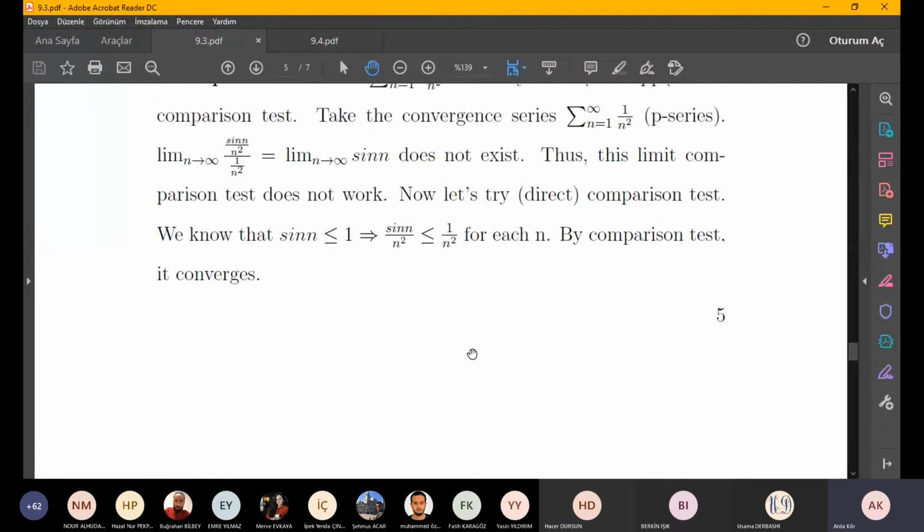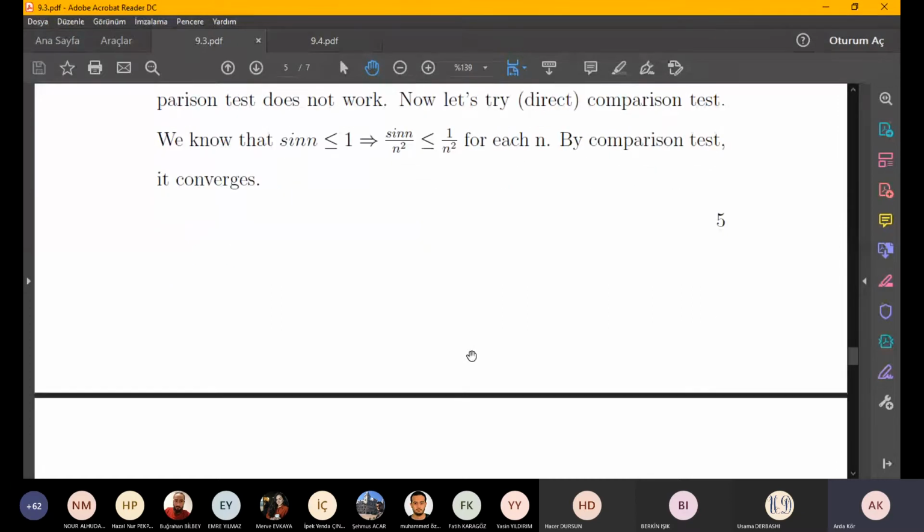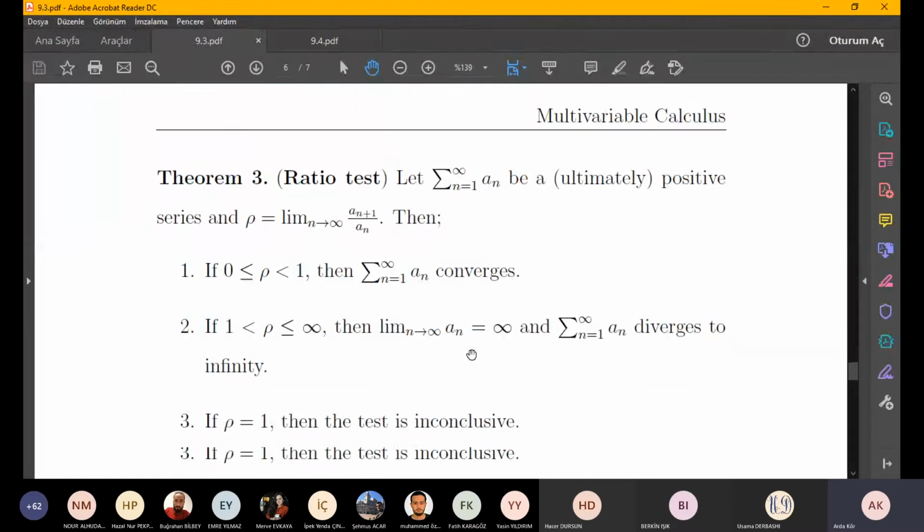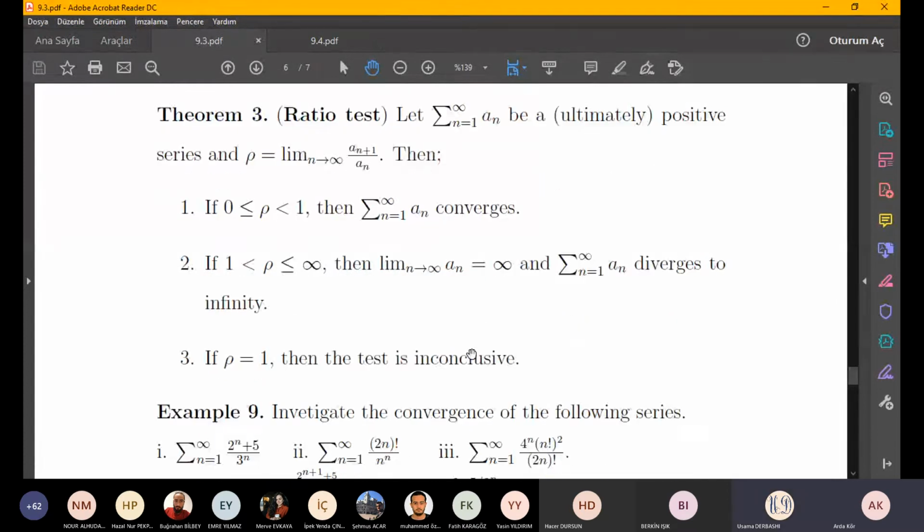So here, for example, the limit comparison test didn't work. And the last two tests.